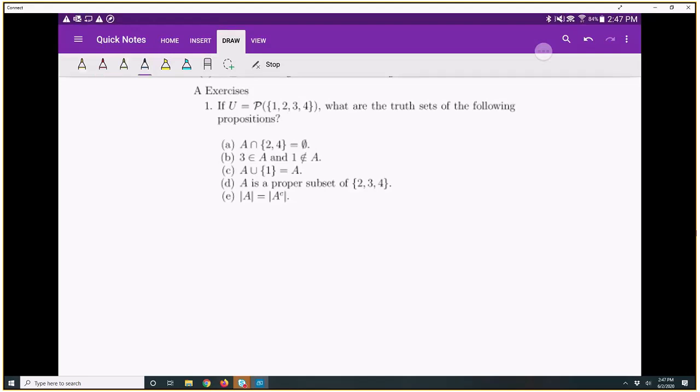So I think it will be helpful if we go ahead and just write our universe over here off to the side. So one subset of {1, 2, 3, 4} is the empty set. Or we could have any singleton set, {1}, {2}, {3}, or {4}.